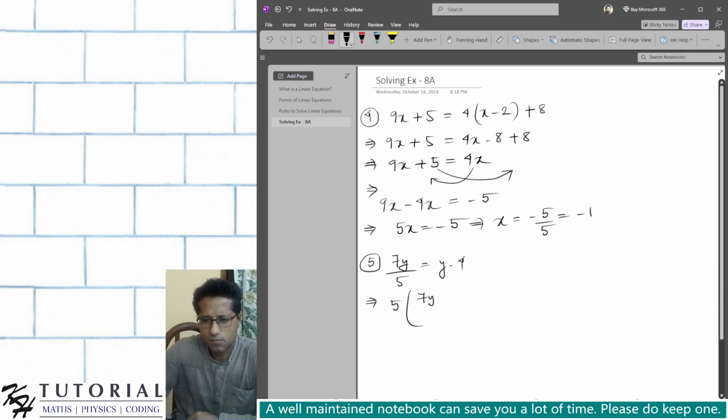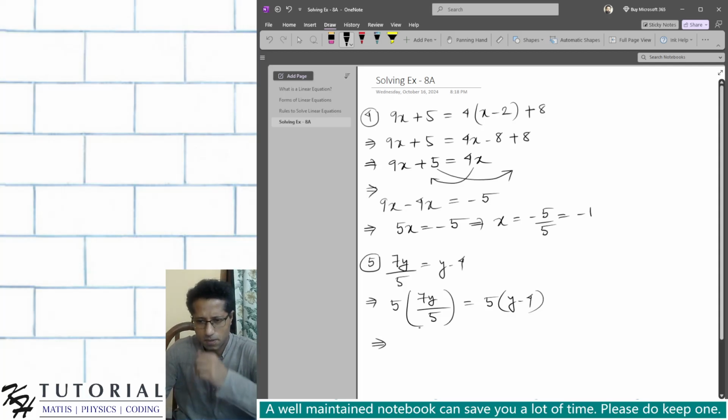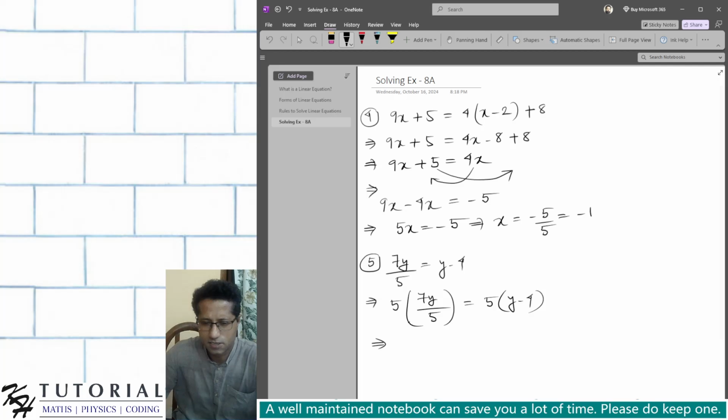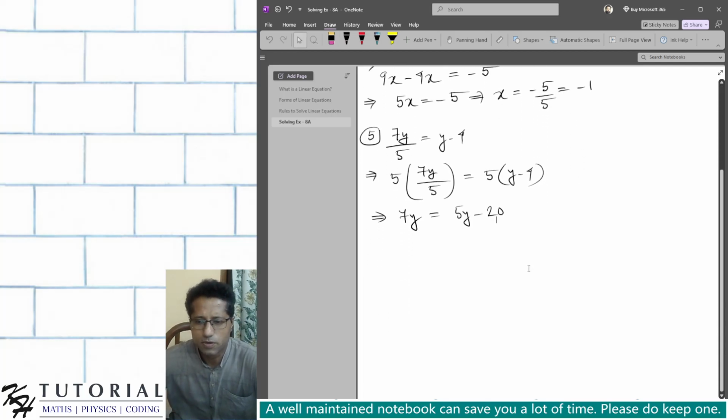If you multiply both sides by 5, we get 5 multiplied by 7y by 5 is equal to 5 multiplied by y minus 4. If you do the multiplication on both the sides and simplify, on the LHS 5 cancels out, and we get 7y is equal to 5y minus 20 on the right hand side. Now I will do transposition of terms.